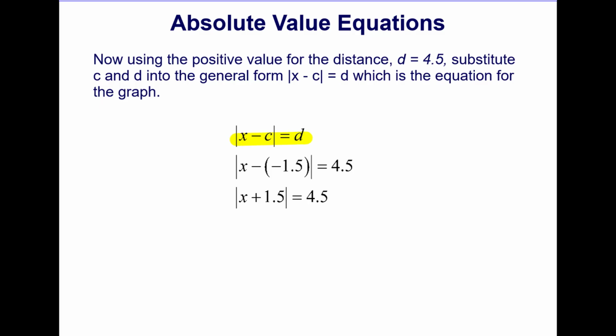I would make note of that: the absolute value of x minus c is equal to d. Now from our previous example, the center was at negative 1.5, and the distance was 4.5. We do have two negatives, so we can rewrite the two negatives as x plus 1.5 is equal to 4.5. This is our final equation.